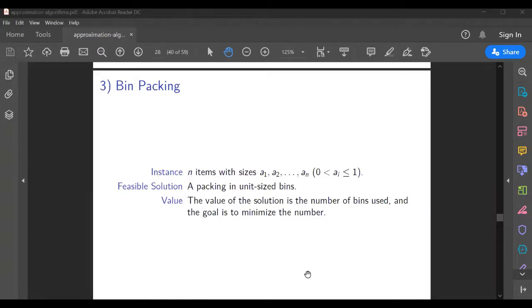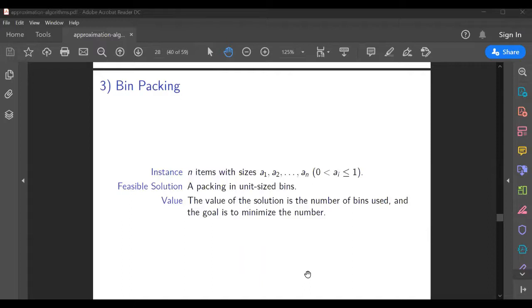You have to pack them in unit size bins. A bin can contain only 1 unit. The optimization objective is to use the least number of bins.